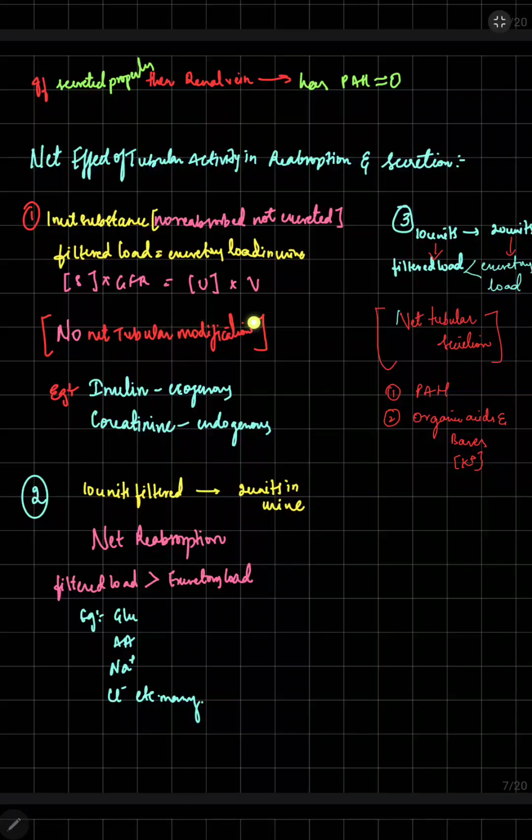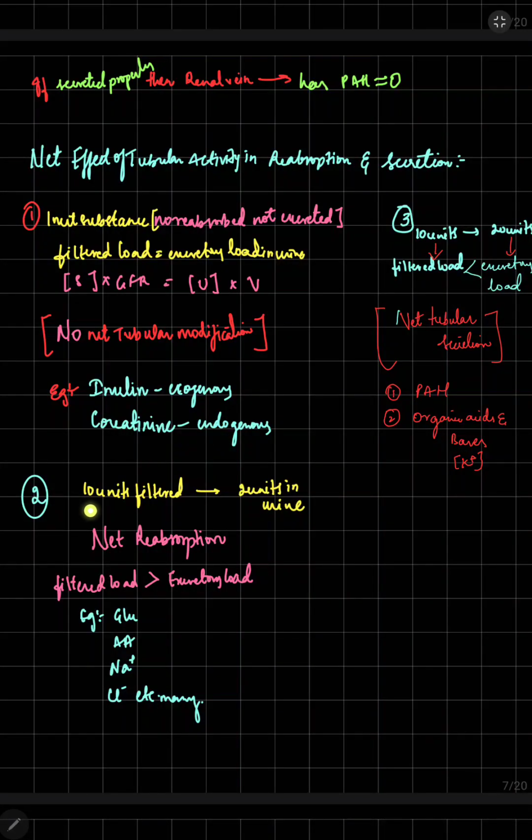So there is no net tubular reabsorption. It happens in case of inulin, which is an exogenous substance that is given, and it is ideal for GFR measurement, and creatinine, which is an endogenous substance, which is most commonly used, as we only need to draw a blood sample for this.